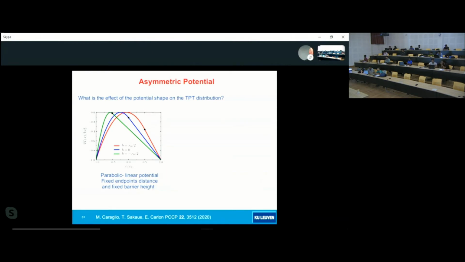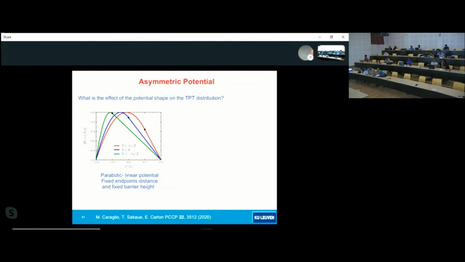So this is shifting, at fixed endpoint distance and fixed barrier height. So we are changing the shape of this potential. Of course, we want to keep the endpoint fixed, and we want to keep the height fixed, okay? And we want to study this effect.